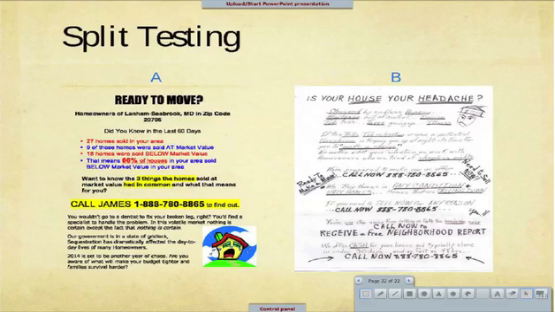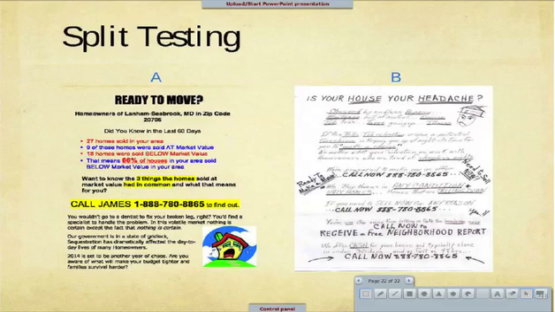And split test B, again this is just creative, it's wacky, it's got a headline: is your house your headache? And then we immediately go right into the conversation in their head. Stressed by the endless repairs? Is your mortgage out of control? On and on and on. We identify the pain points immediately, and we just keep turning those pain points.